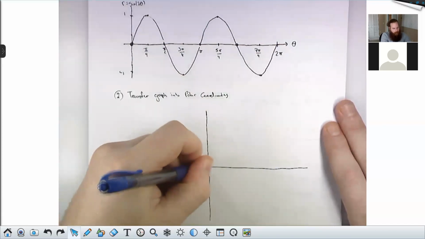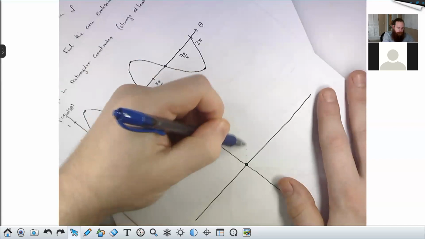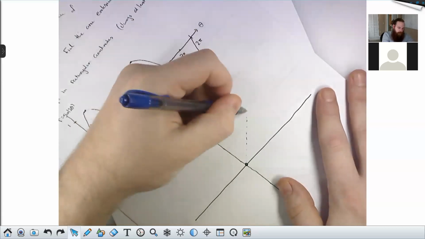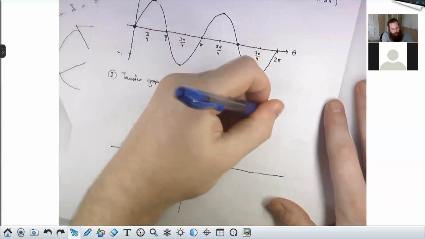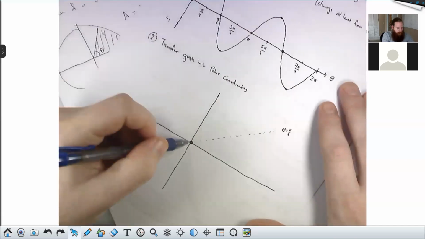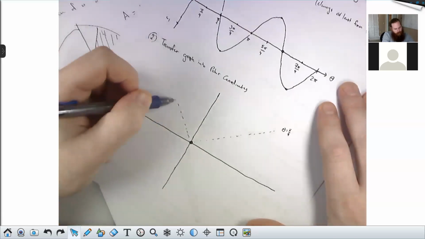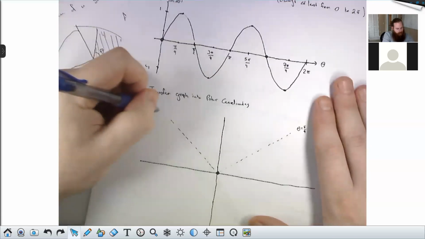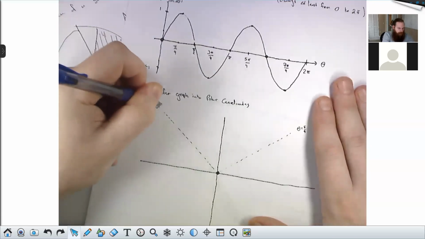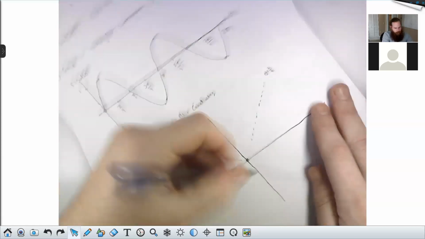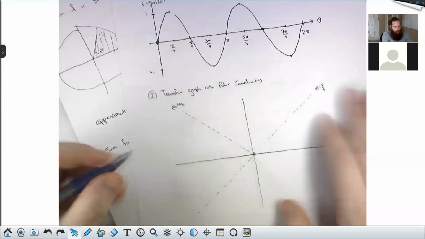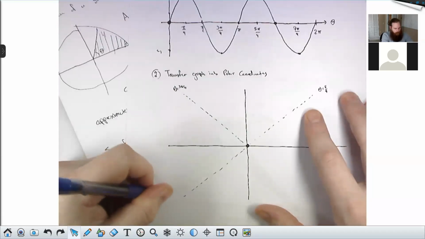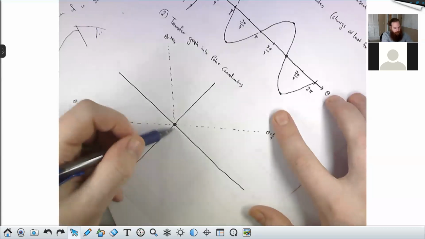So when theta is 0, r is 0. Let me draw in some little helper lines at the multiples of pi over 4. So here's the ray theta equals pi over 4. Over here I have the ray theta equals 3 pi over 4. 5 pi over 4 down here. And 7 pi over 4 over here.